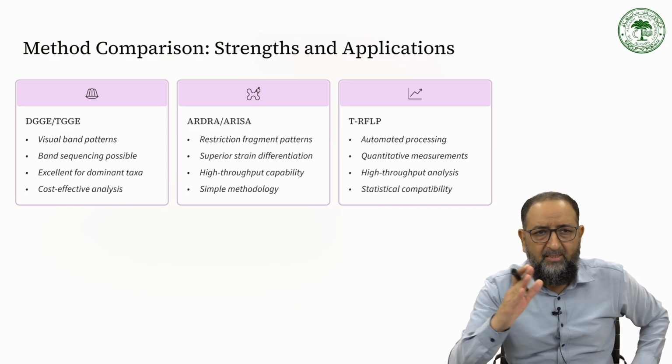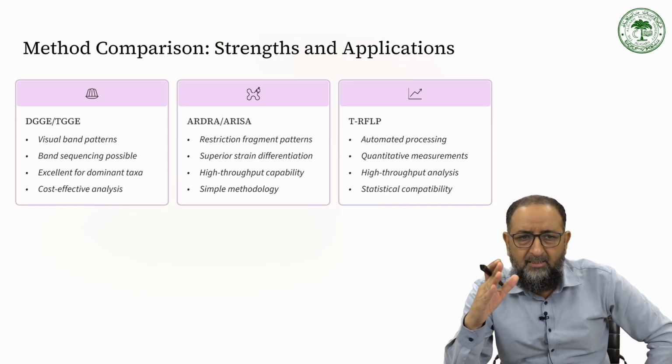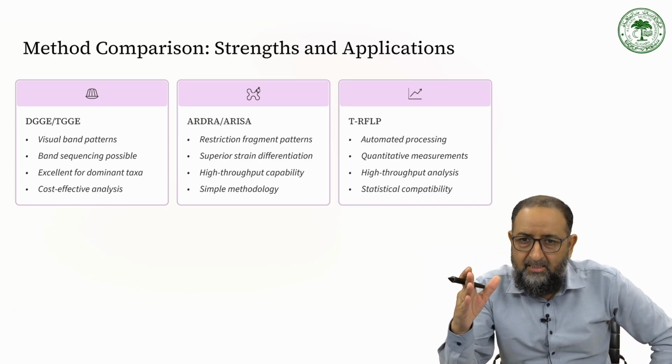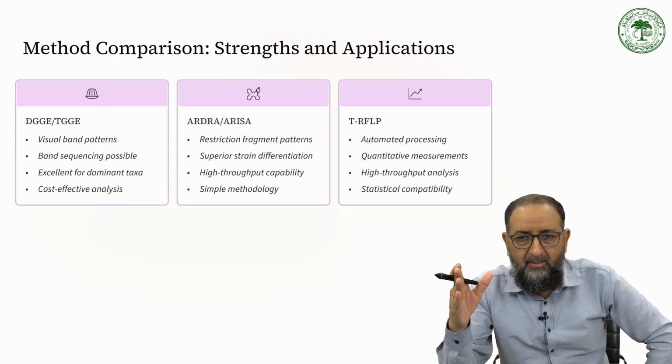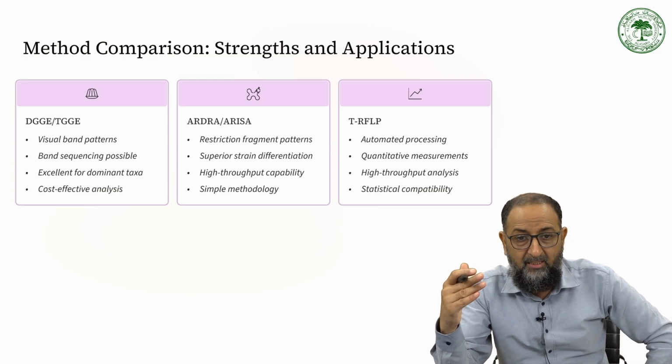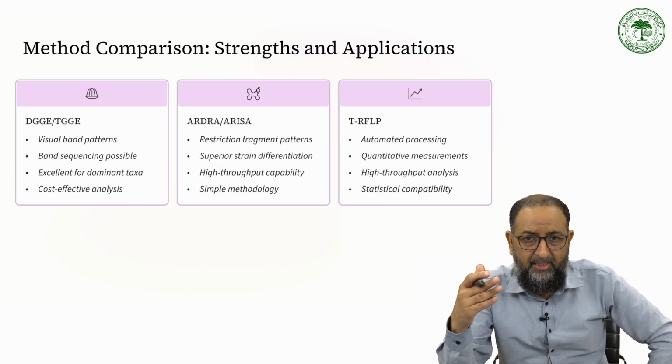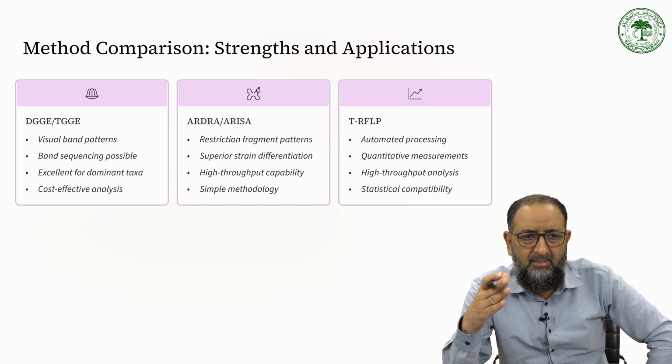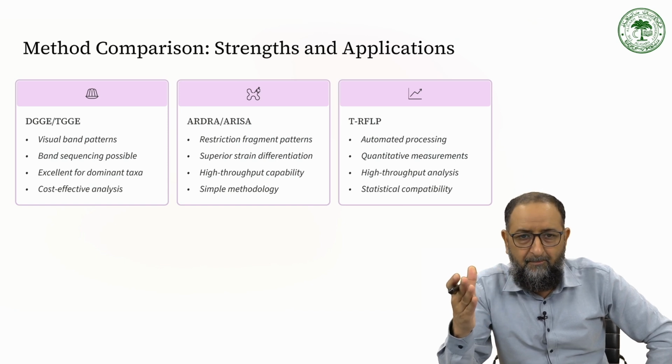Now, if you compare these methods like DGGE, TGGE, ARDRA, ARISA and T-RFLP, you find little variations, and every method has its own merit and demerit, and its own advantages and applications. So, for example, in DGGE and TGGE, you have visual band patterns, right?